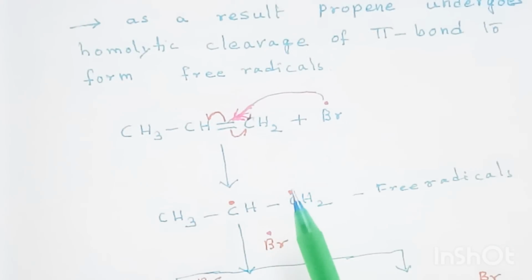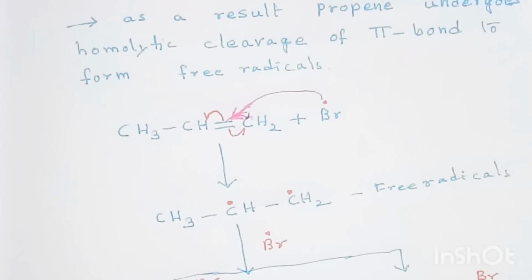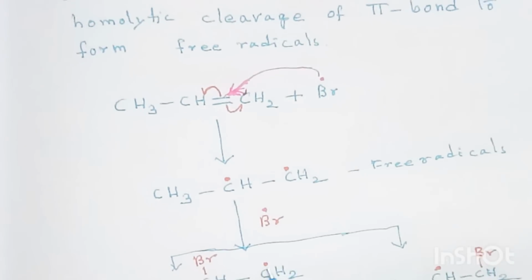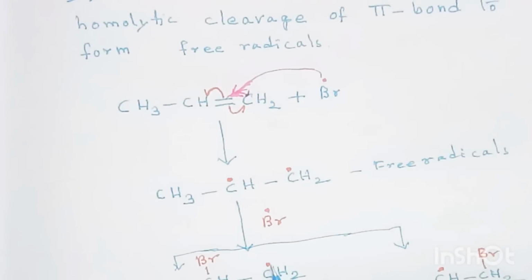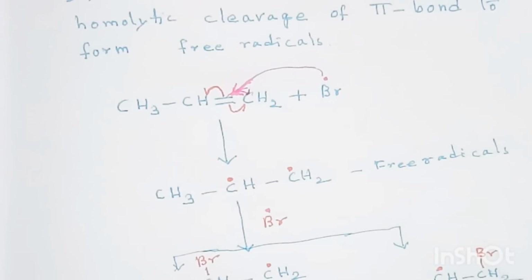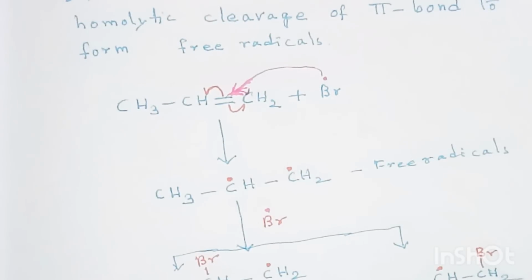If it gets attached to this free radical, here the bromine is attached, CH3 CHBr CH2 free radical. This is less stable primary free radical because the radical is present on the first carbon atom or the carbon atom which is attached to a single carbon atom. So this is primary free radical.